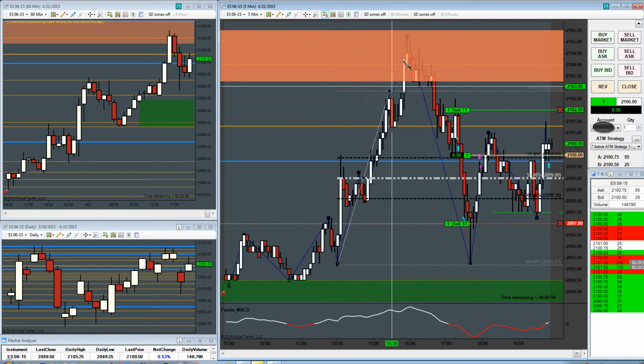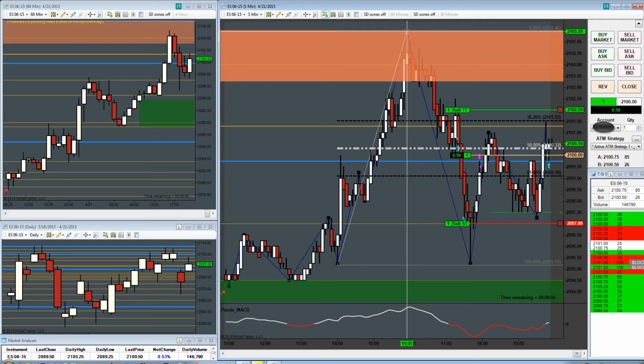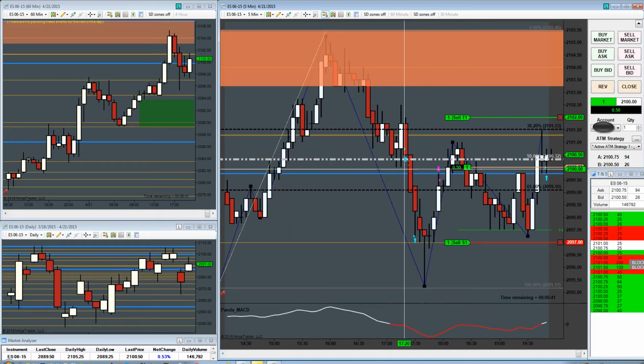So here's an example. If you're trying to trade 50% levels just arbitrarily and just to get long, take a look at the lower indicator, the MACD here, and it's clearly red at this point. So this can be a way to be more conservative.